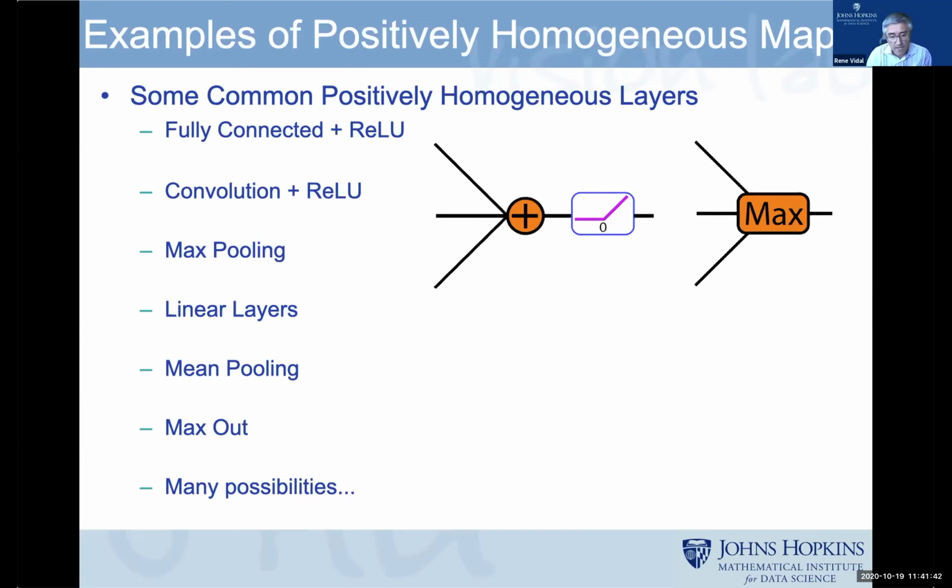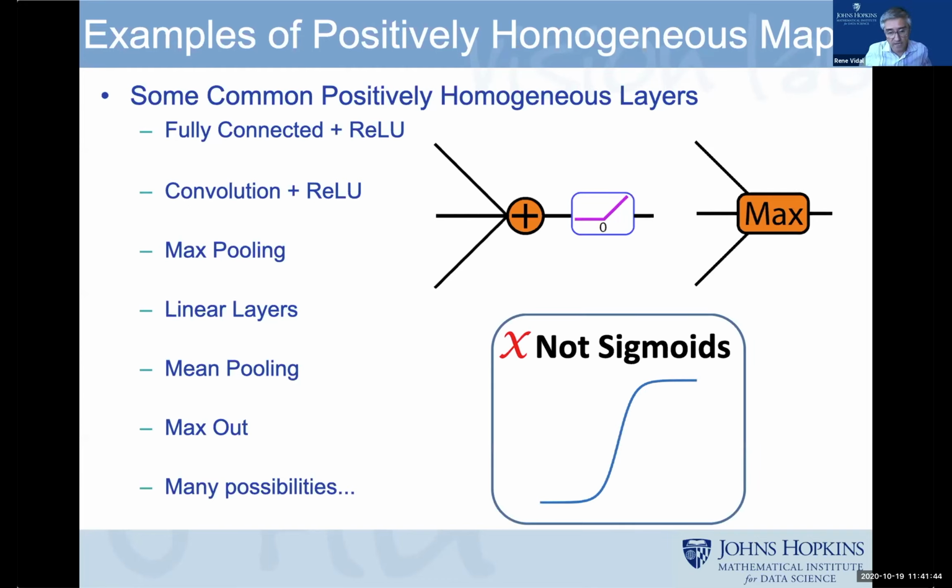There are many possibilities. But an important nonlinearity for which this is not true is sigmoids, which are not positively homogeneous of degree 1. And this will allow us to get results of global optimality for neural networks with ReLUs, but not for neural networks with sigmoids.